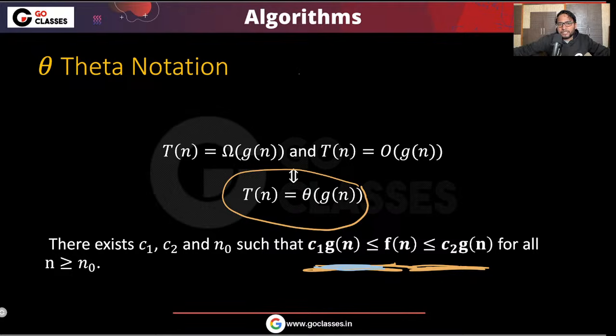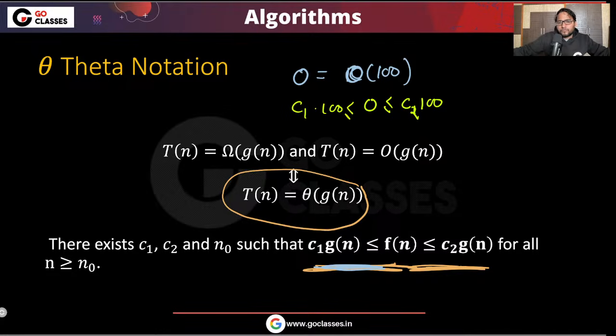So if you are saying 0 equal to theta of 100, 0 is less than or equal to C1 into 100. Here this C1 can be 0, right? C1, C2.